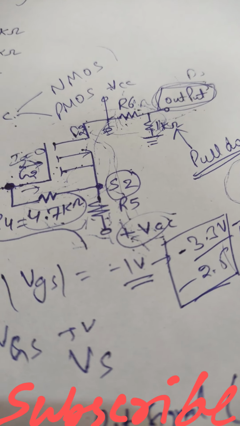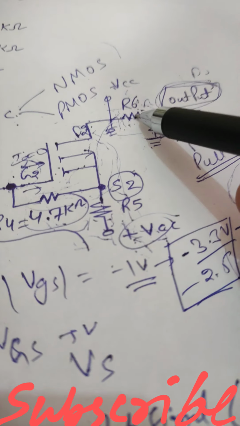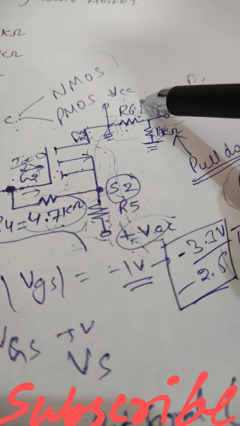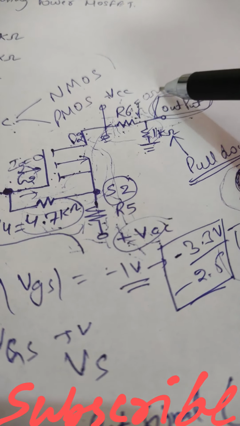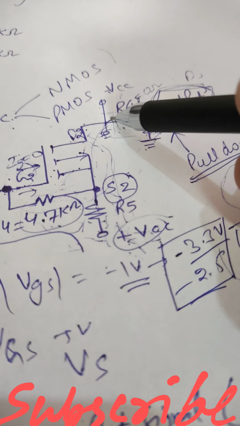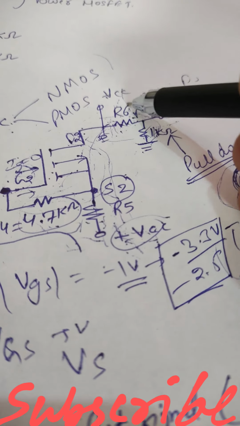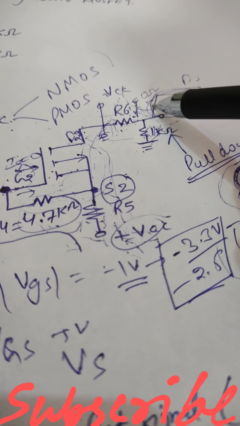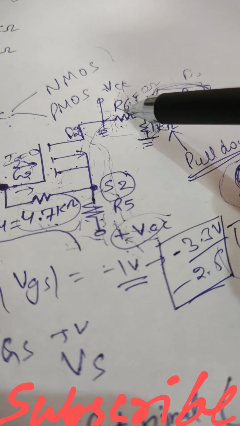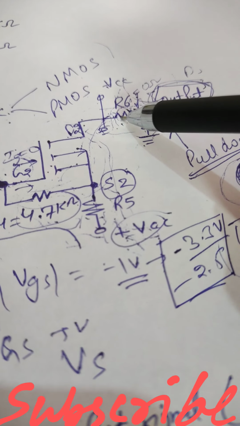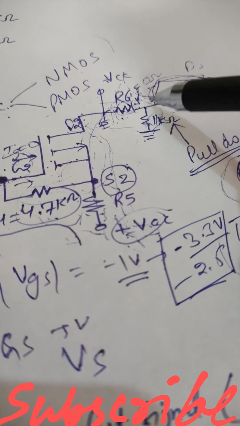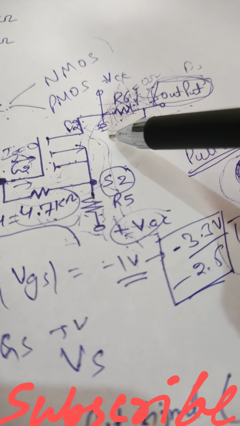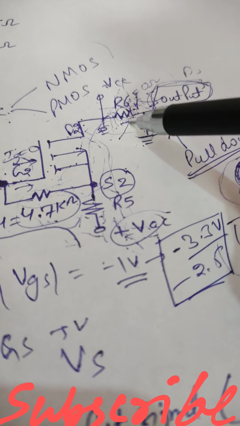If your requirement of current is more, the R6 value can be near about 0 ohm if you want more and more current, because this will drive the output. So the requirement of current will be limited by this resistance. This is a current limiting resistance, nothing but it will limit the current. So you can use this resistance as per your application.